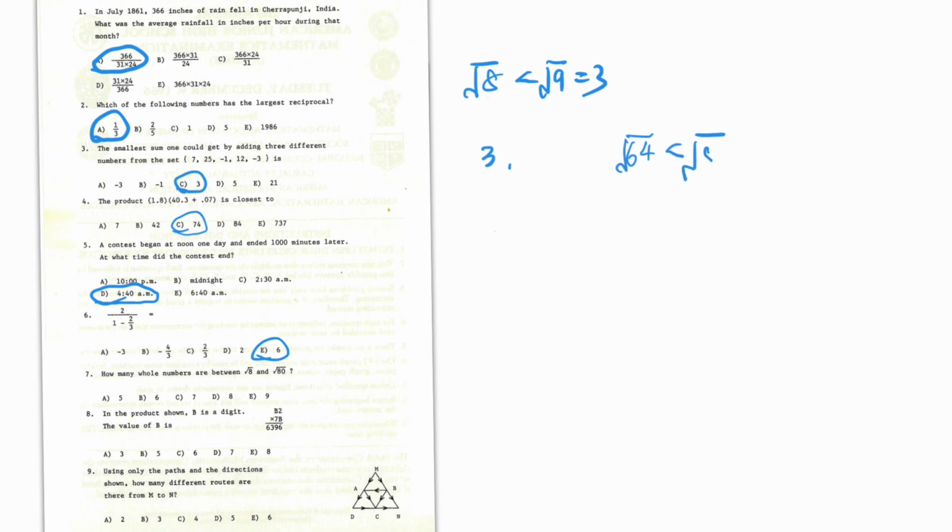Square root 80 is less than square root 81, and root 81 equals 9. So the number must be less than that. So the numbers are from 3 to 8. The count is 8 minus 3 plus 1, that's 6. So the answer is B.